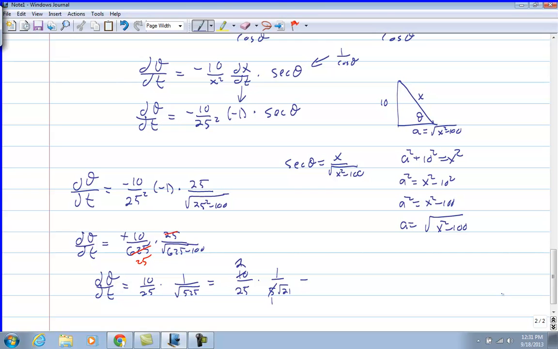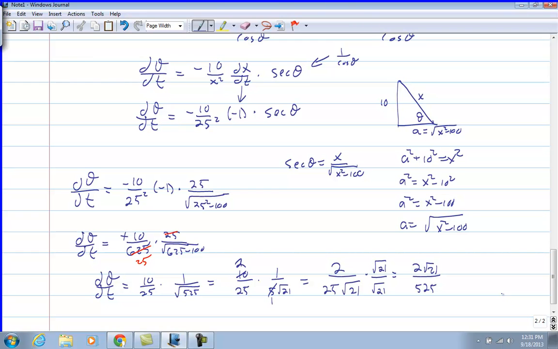So you have 2 over 25 times the square root of 21. If you want to rationalize that denominator, multiply by the square root of 21 over the square root of 21. So it's 2 root 21 over 25 times 21, which is 525.